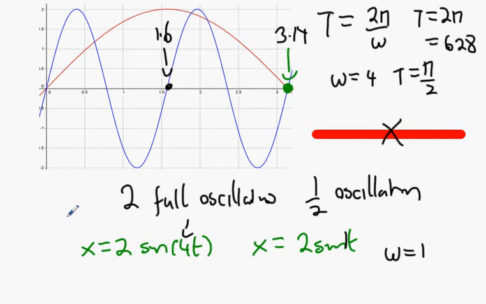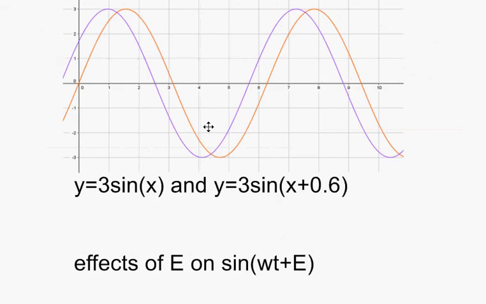Now, this is great for sine and cosine waves, where you either start off in the middle or you start off at the very end. What happens if the start of your question is in between? That's where the real skill comes in handy. Let me show you another example.